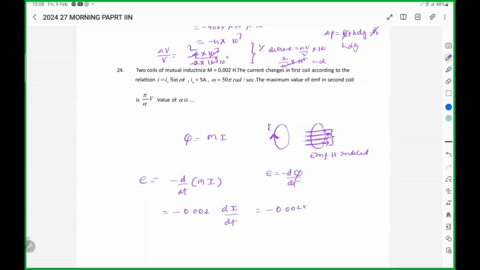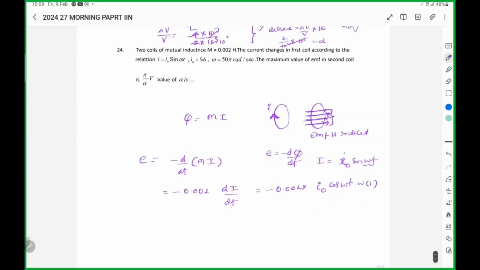Minus 0.02. I here is I naught sin omega t. So if you differentiate, d by dt gives omega, and you get minus 2 by 10 cube. I naught is given as 5 amperes.